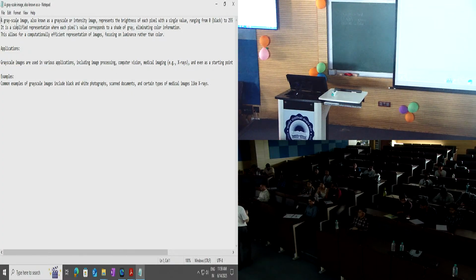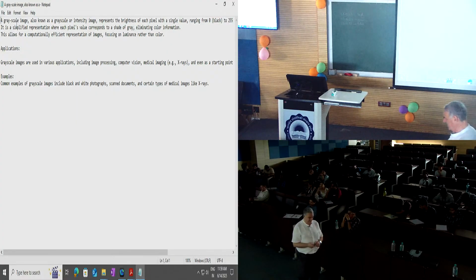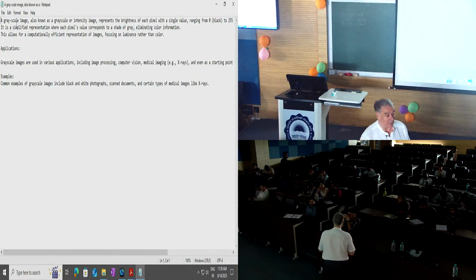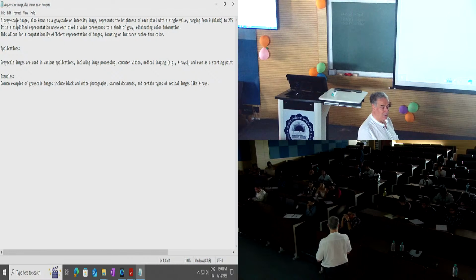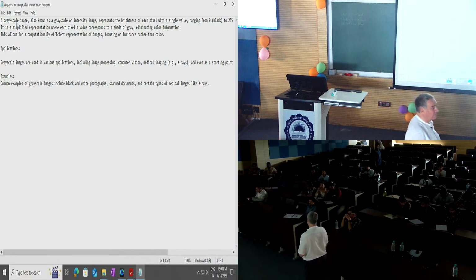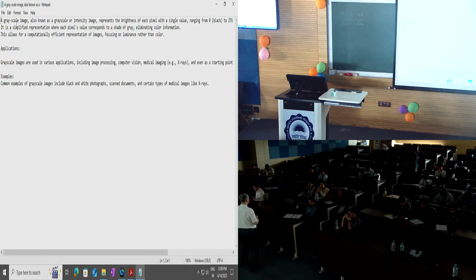Many pictures are in color, but grayscale images still exist. Many times our photos in documents are grayscale. In my passport, my photo is grayscale. Probably it requires a smaller amount in databases.